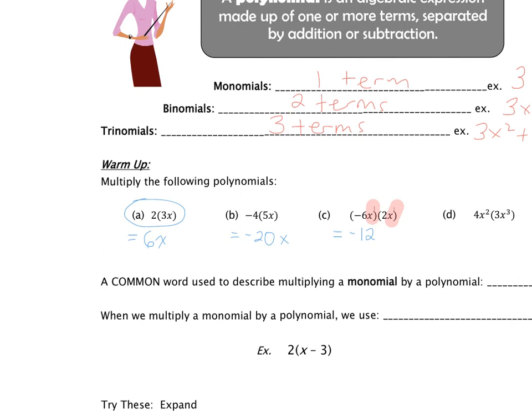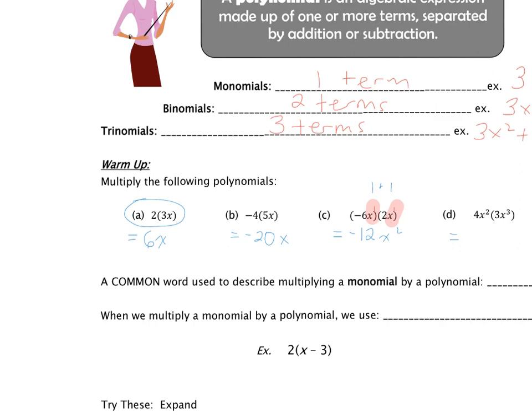It's not visible there, but there's an invisible exponent of 1. So x times x is like an exponent of 1 plus 1, because remember, with exponent laws we keep the base the same and add the exponents. So 1 plus 1 gives us x to the power of 2.